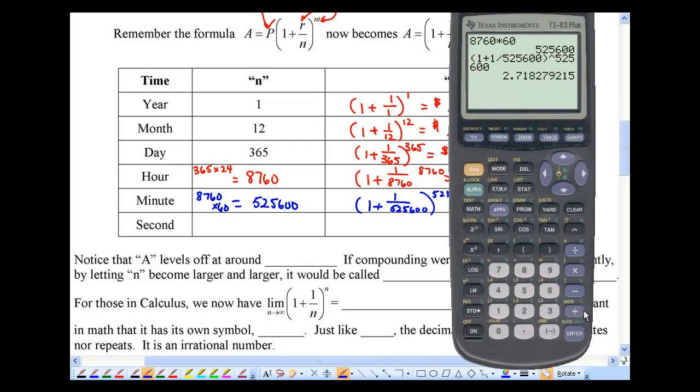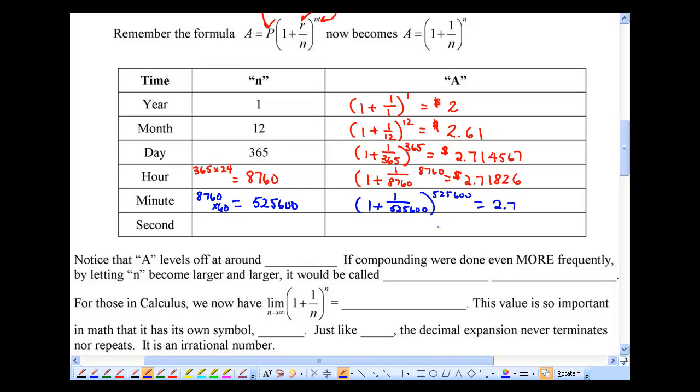Let's see what I get. 2.718279. All right, and I guess I can go even further, and let's say this happens every second.